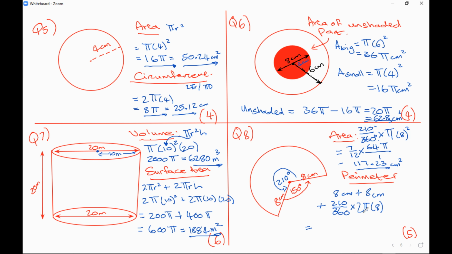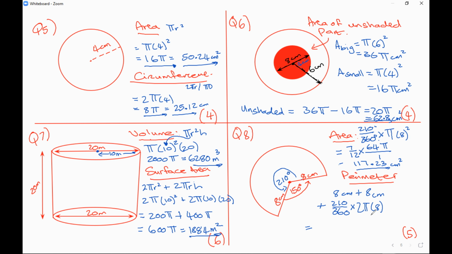Yeah, putting that on a calculator becomes, so it's 8 plus 8 plus, and basically, yeah, we got 210. Let me get that first. 210 divided by 360 multiplied by 16 pi, or 3.14, comes to 29.